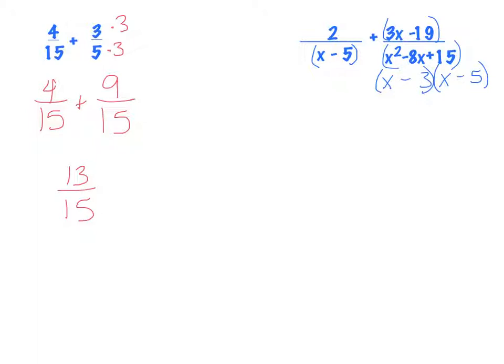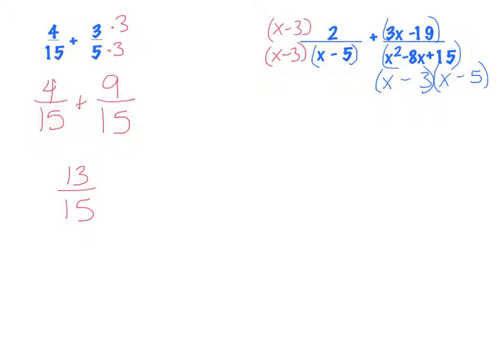Okay, so when I look at this, it's similar to what happened here, where I had a single term that I had to multiply by something so it would match this one. Same deal. Look, this has an x minus 5, and so does this. But this one also has an x minus 3. And these are being multiplied. So what I need to do is take this x minus 5 over here on the left and multiply it also times an x minus 3. Now those denominators will match, but I do it on the top also.